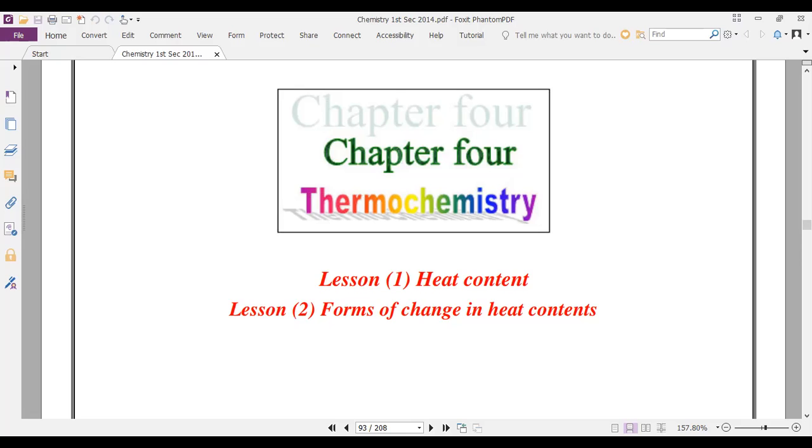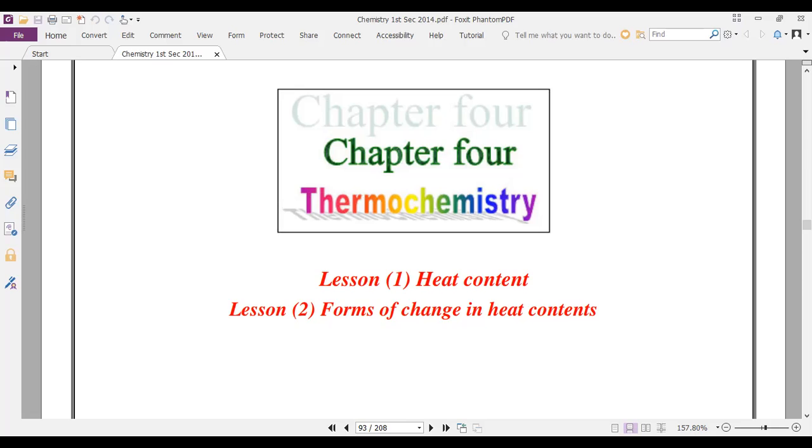So what's meant by thermochemistry? What's meant by thermochemistry and thermochemical equation and so on? I think that thermochemistry is chemical reactions that depend on heat, either losing or gaining heat.